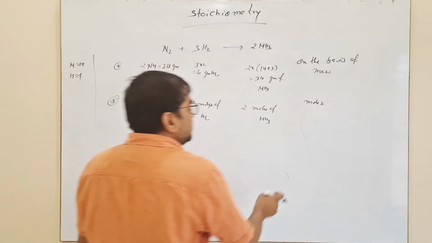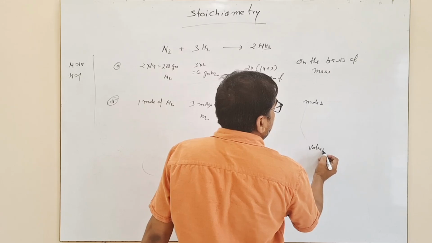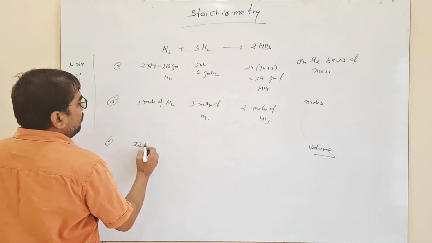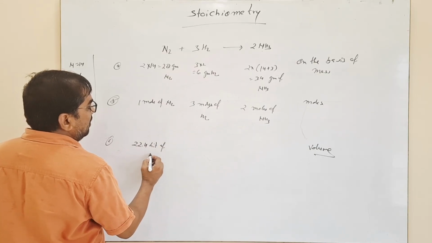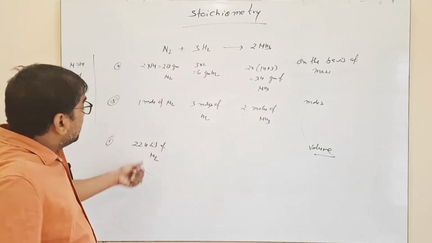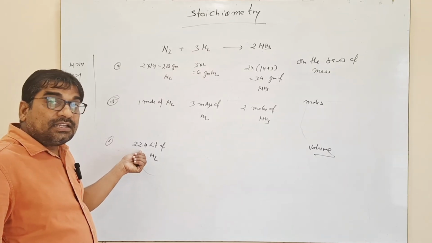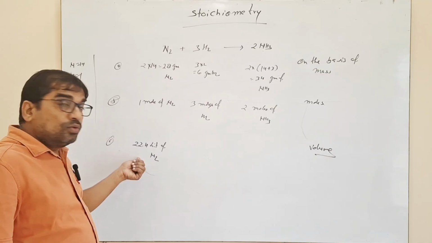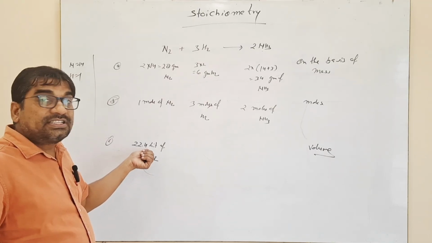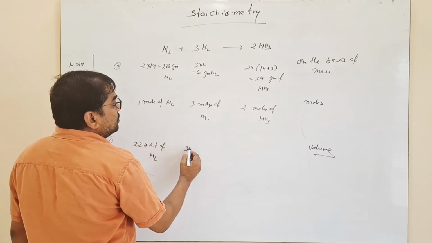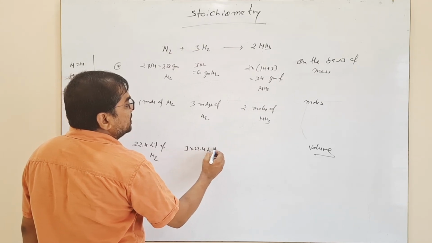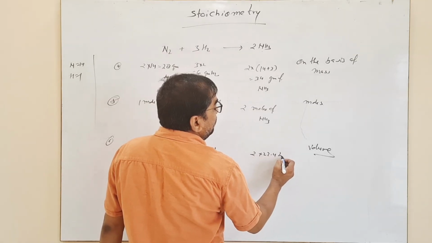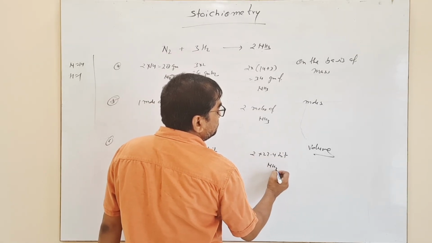If the same relation we establish on the basis of volume, so we can say that 22.4 liter of dinitrogen. Why this 22.4? At NTP, each substance, if it contains 1 mole, will occupy 22.4 liter space. Now here 3 into 22.4 liter of hydrogen gives 2 into 22.4 liter of ammonia.